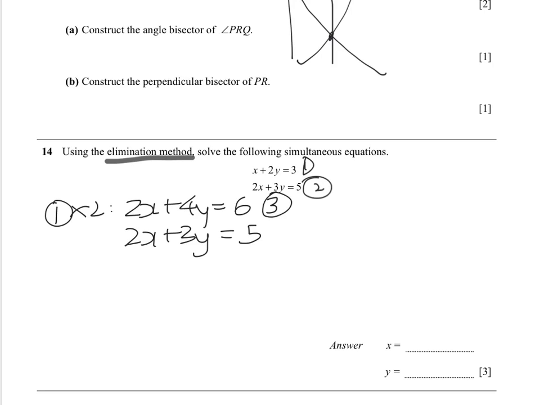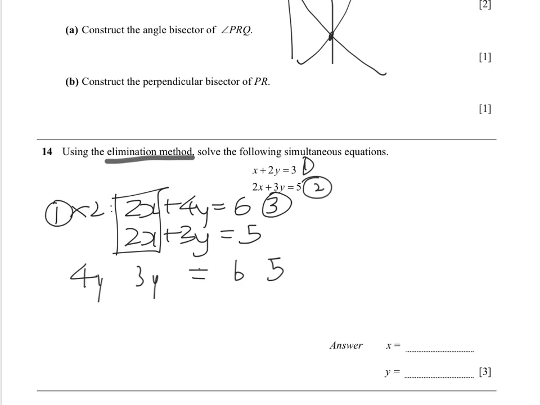Since I am eliminating the x, I just box it up. I just copy down 4y and 3y, 6 and 5 as so. Put the equal sign in the middle, then on the right hand side, 6 and 5. Then I check that the signs for 2x and 2x are the same, so it should be a minus.